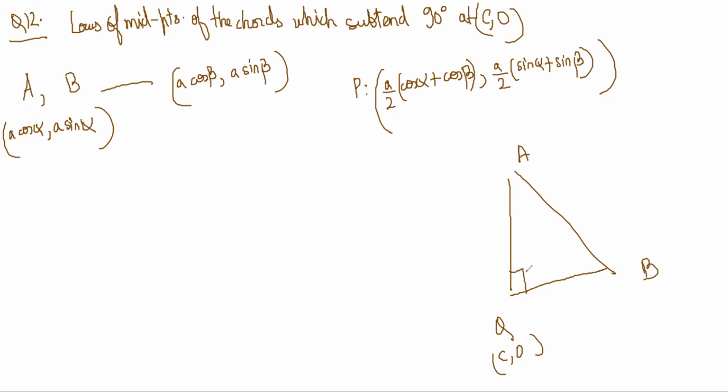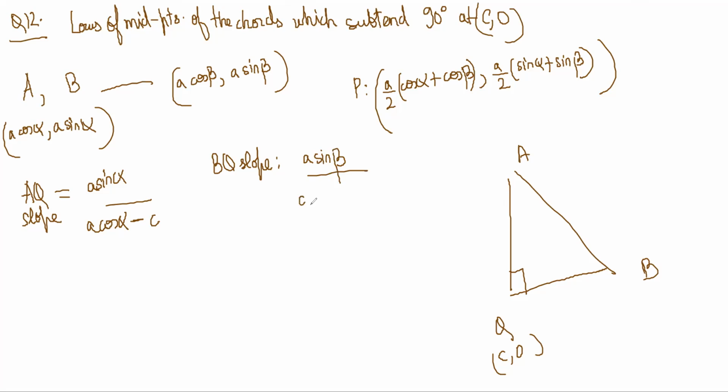Then obviously the slope of AQ and the slope of BQ are perpendicular. The AQ slope is equal to A sin alpha by A cos alpha minus c, and similarly the BQ slope is A sin beta by A cos beta minus c. So AQ slope into BQ slope should be minus 1, right?